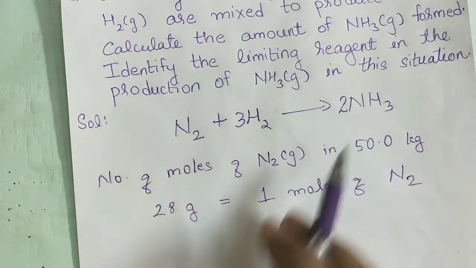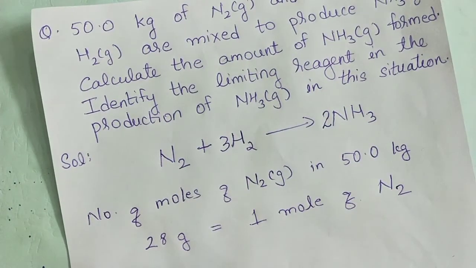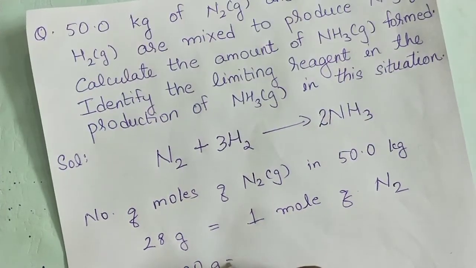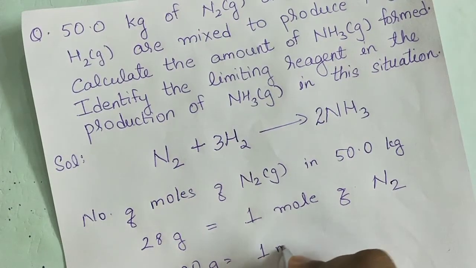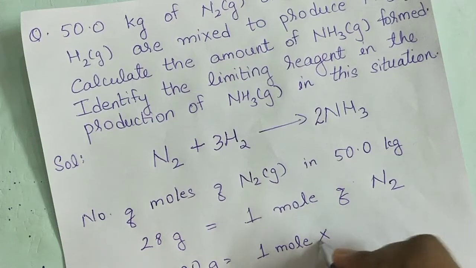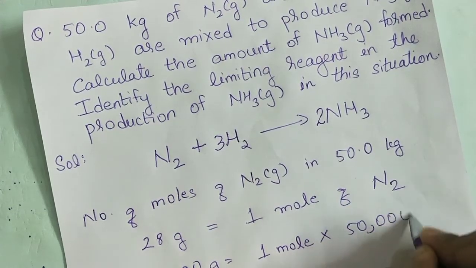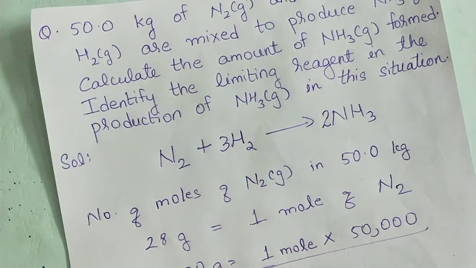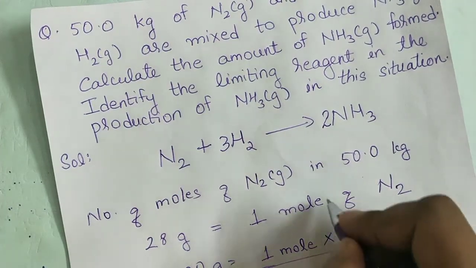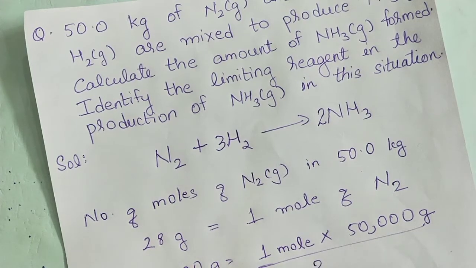We'll convert 50 kg into grams, so 50,000 grams will have 1 mole times 50,000 grams divided by 28 gram.